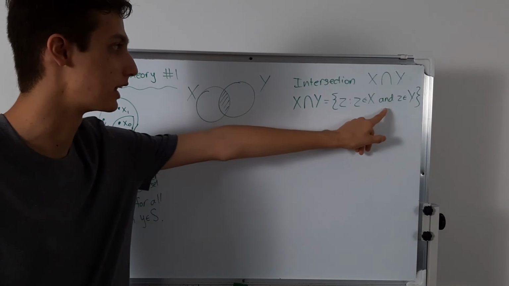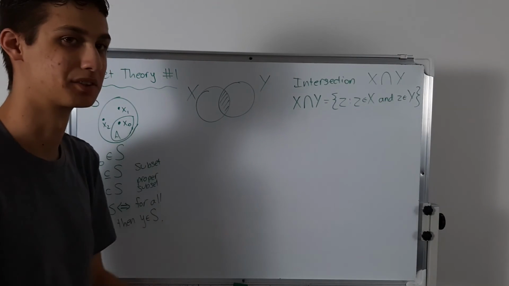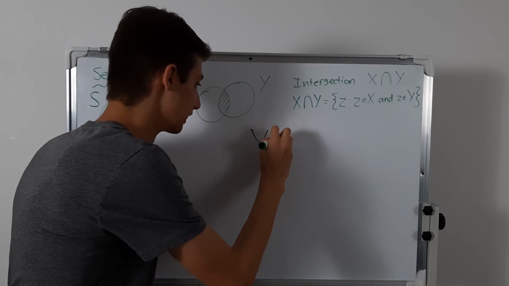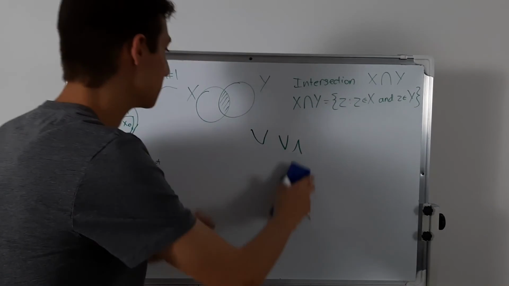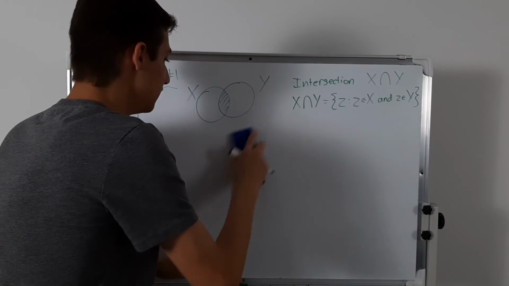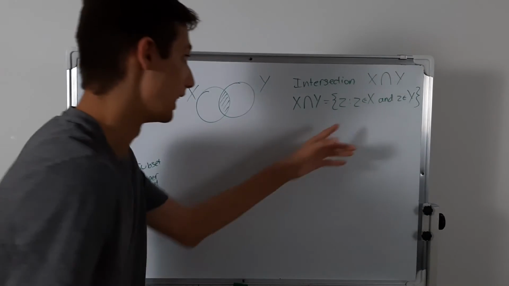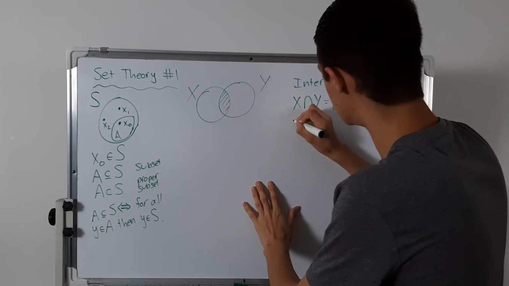That's why I'm using the word "and" here. I forget the logical symbol for it, but it has to be in both. This will make a little more sense if I introduce a union.